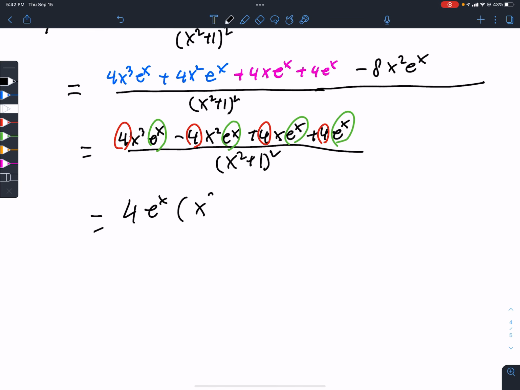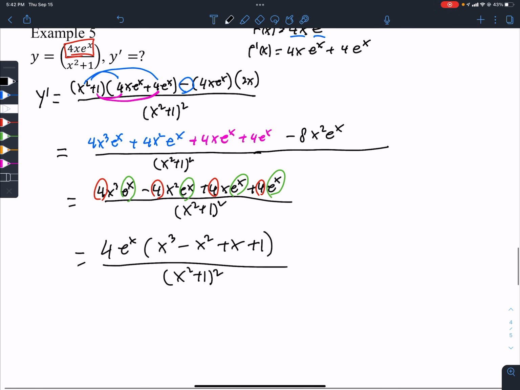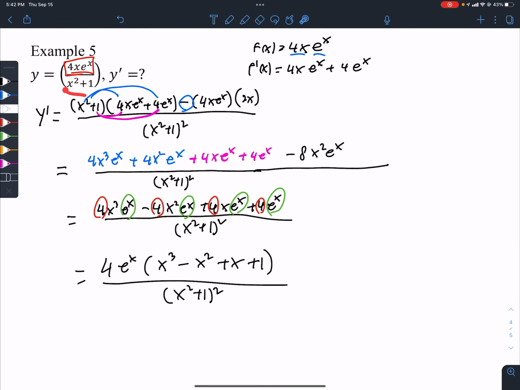I'll be left with x cubed minus x squared plus x plus 1 all over x squared plus 1 squared. I think that's the right answer. It matches up with what I have. So that's it. That is a combination of quotient rule with the product rule and part of the problem.